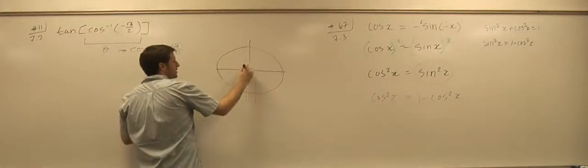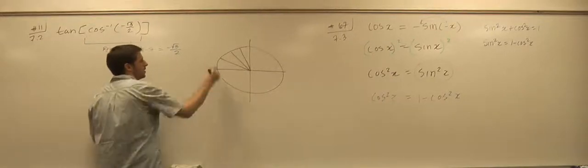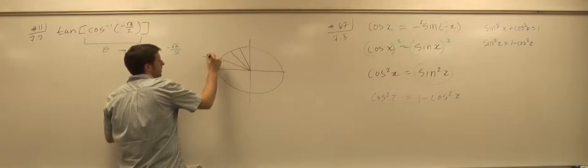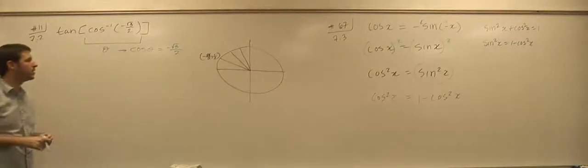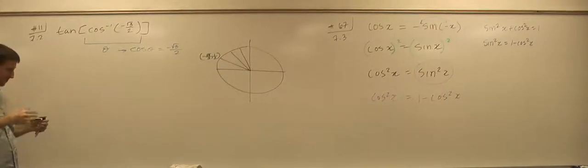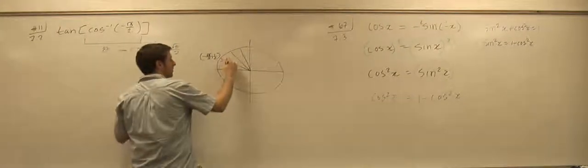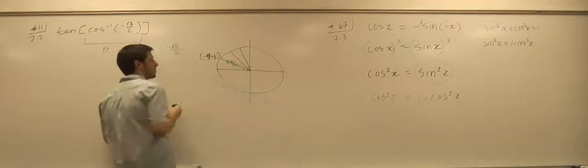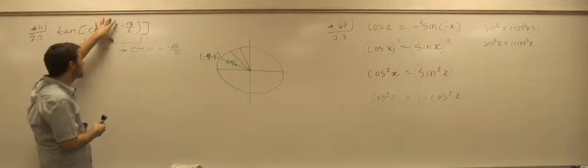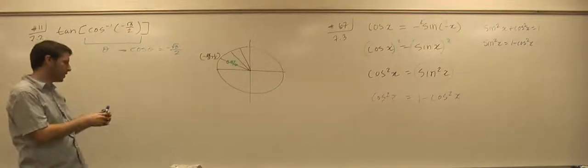Negative root 3 over 2 is going to be somewhere over here, and actually it ends up being down here. So what angle makes cosine negative root 3 over 2? 5 pi over 6. So I can calculate this inverse function because of this special ratio.